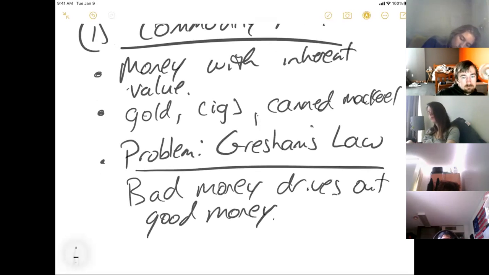Bad money drives out good money. In other words, what's going to happen to the quality of your money over time if you have commodity money? It's going to get worse and worse and worse and worse.